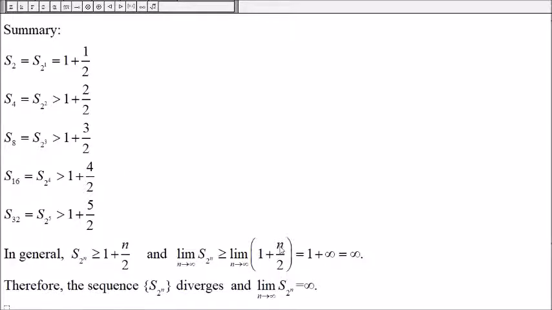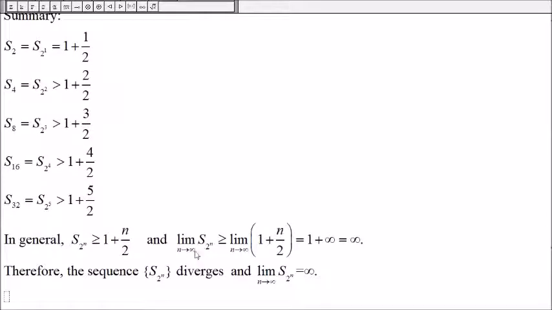And so as n runs to infinity, we get 1 plus infinity over 2, which is 1 plus infinity, which is equal to infinity. So this says that the limit as n approaches infinity of s sub 2 to the n is greater than or equal to infinity, which means that the sequence s sub 2 to the n diverges and the limit of s sub 2 to the n is equal to infinity.